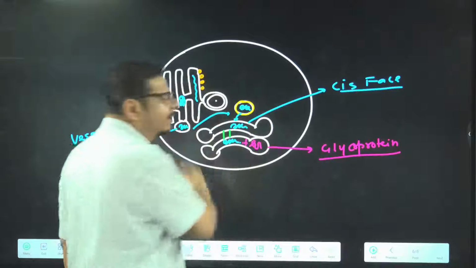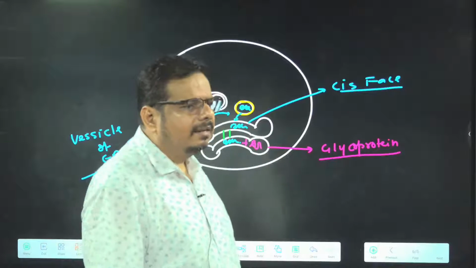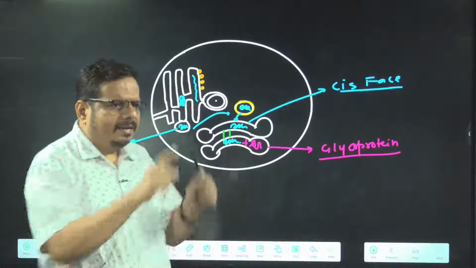So glycosylation occurs when it moves from cis phase to trans phase. Connectivity is there or not?